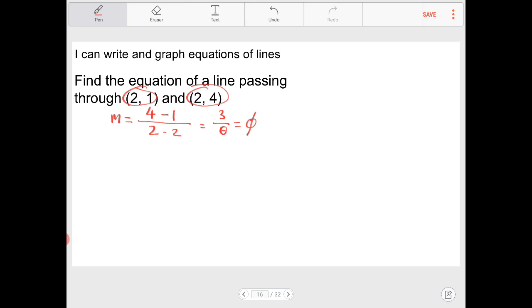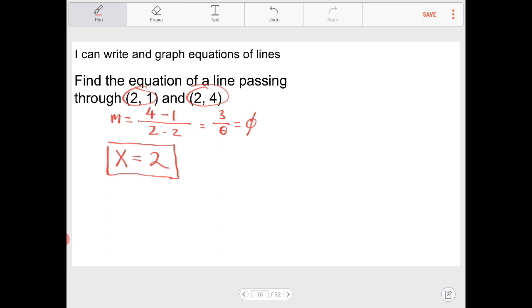The way in which we write the equation of a vertical line is always going to be x equals. The reason is that all the x-coordinates on that vertical line will be the same. All the x-coordinates on this vertical line will have an x-coordinate of 2, which is why we say, appropriately, that the equation of this vertical line is x equals 2.